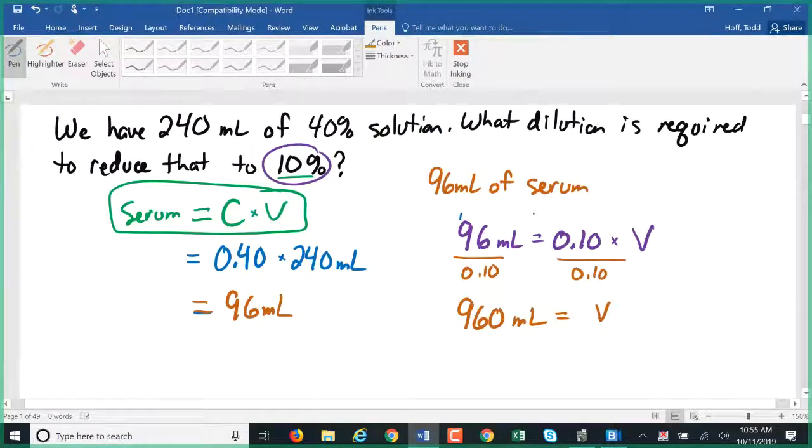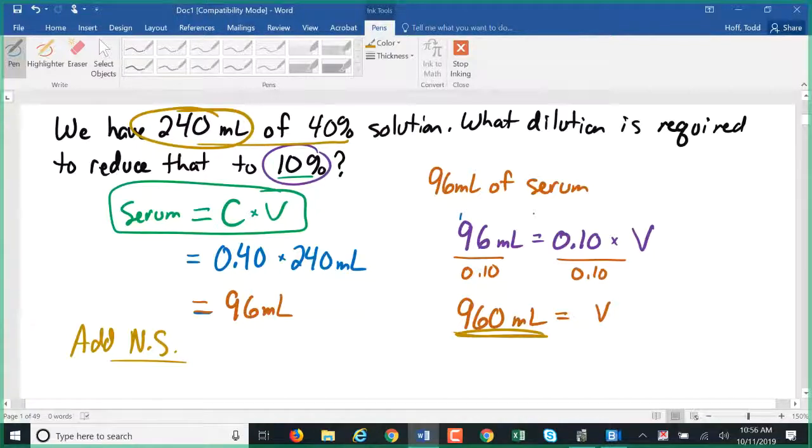So with the 96 milliliters of serum, to have a 10% solution, we have to have a 960 milliliter total volume. Right now we have 240 milliliters of the 40%. What are we going to add to get it up to 960 milliliters? We're going to add saline.